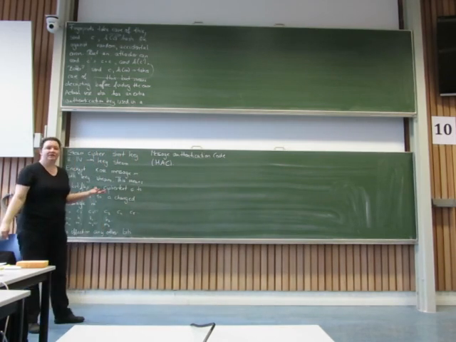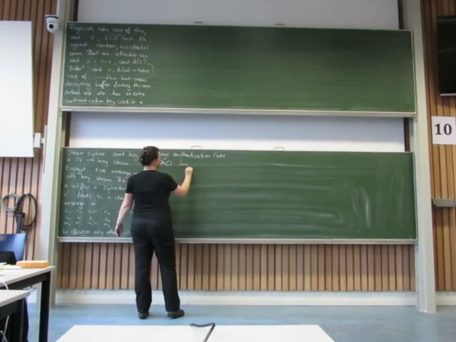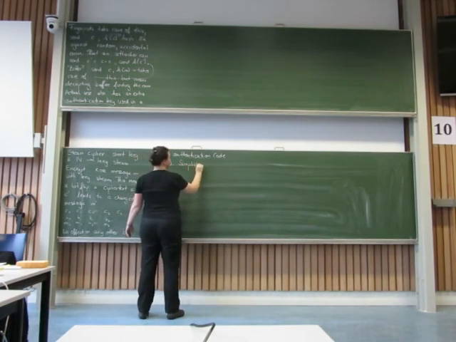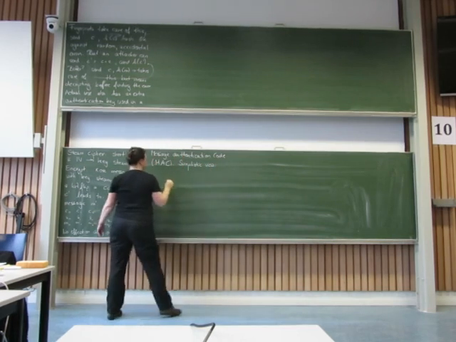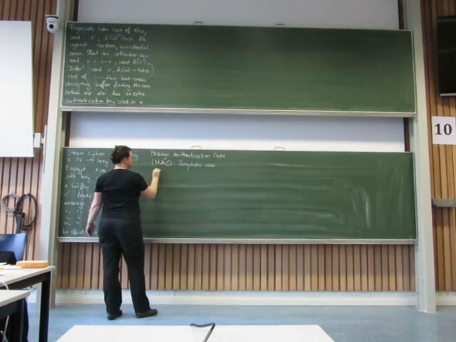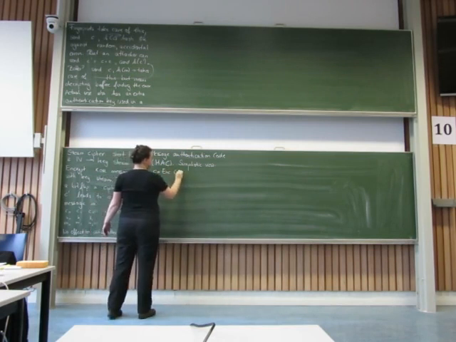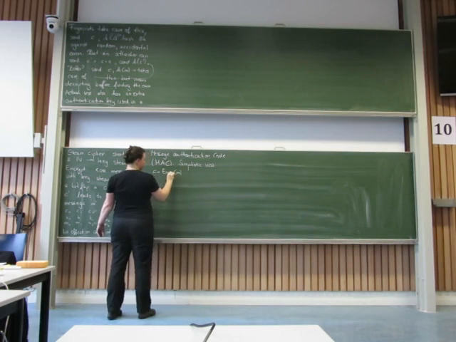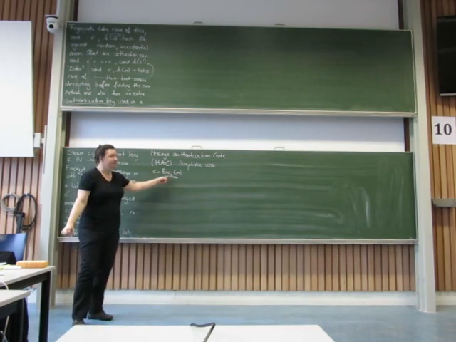So the simplistic view is that there is C, which is now the encryption of the message under some encryption key. So this is now the encryption key.